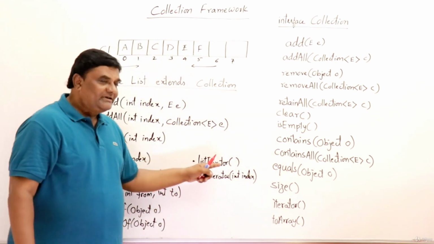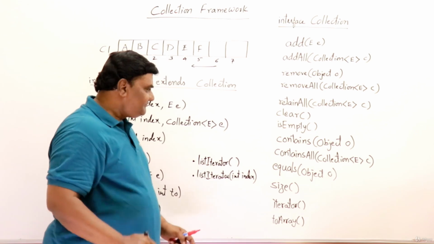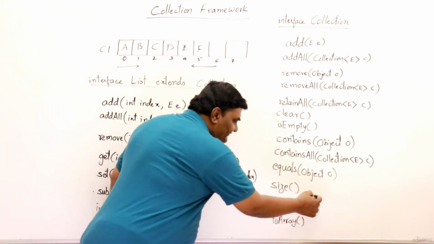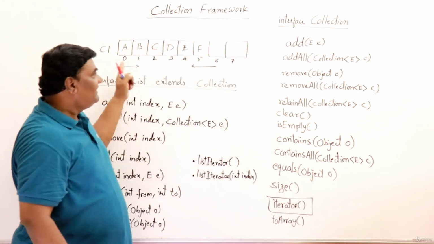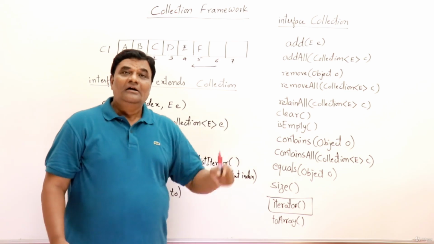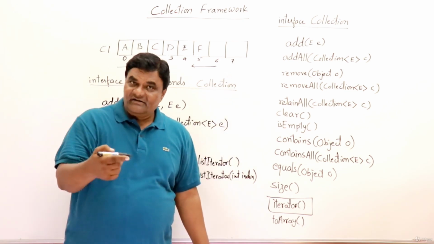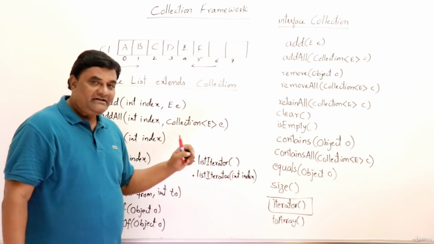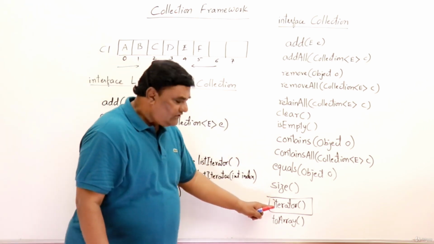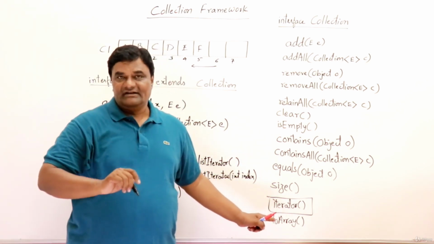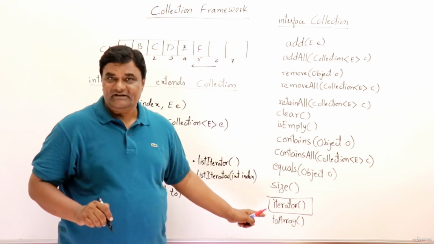Now last two more methods are there. See, already I have explained to you about iterator. This will allow us to access all the elements in a collection. But list is an indexed collection. So there is one more iterator available, that is called list iterator. So iterator is also there, list iterator is also there. I'll explain separately in another video about these two.